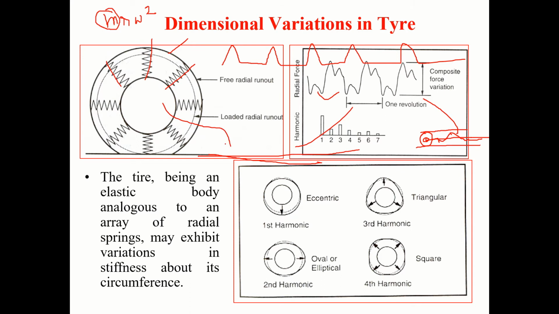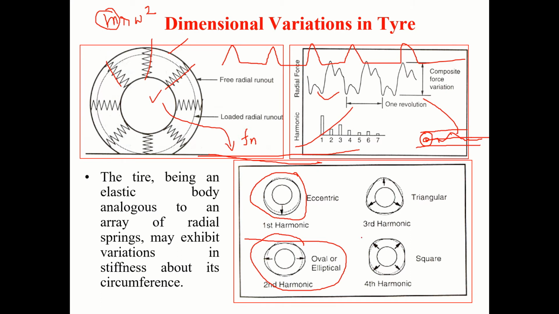This tire has a certain natural frequency. As the speed changes, excitation to the tire also changes, so it starts vibrating. There will be a number of eigenvalues. When it starts vibrating with the first harmonic, probably you'll get an eccentric wheel; imagine this eccentric wheel rolling on a flat road. At the second harmonic, it may become simply oval.